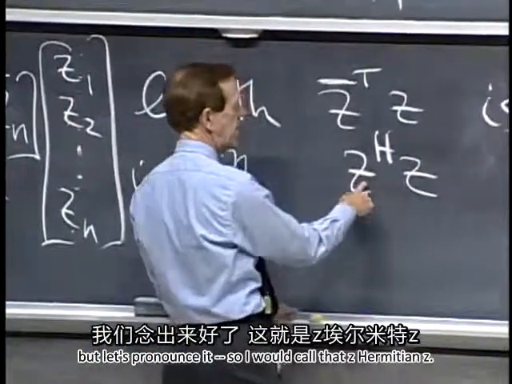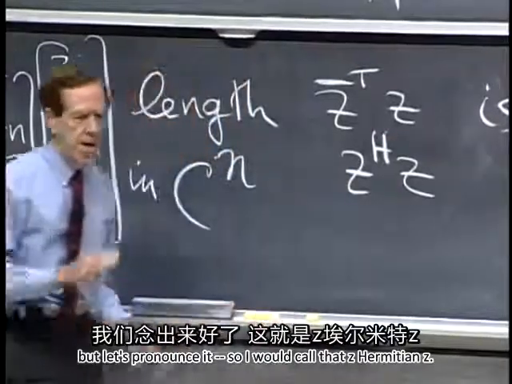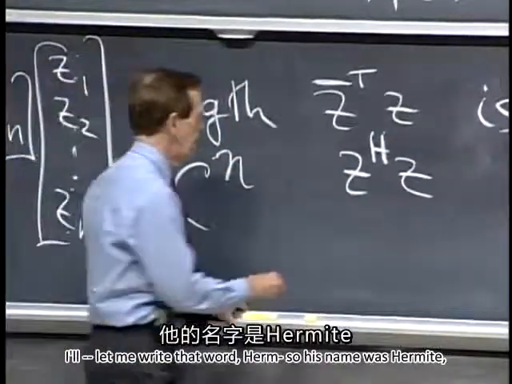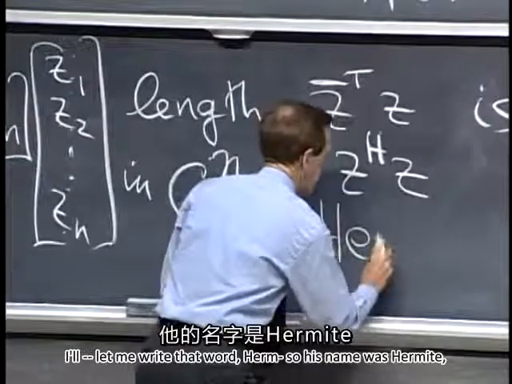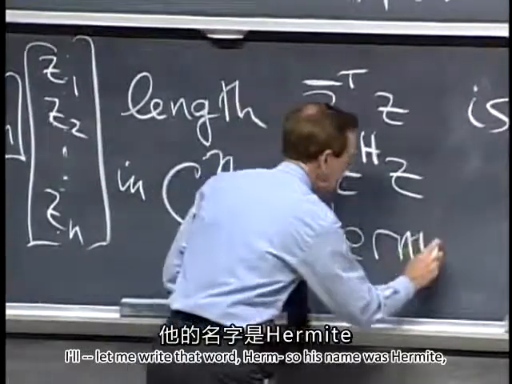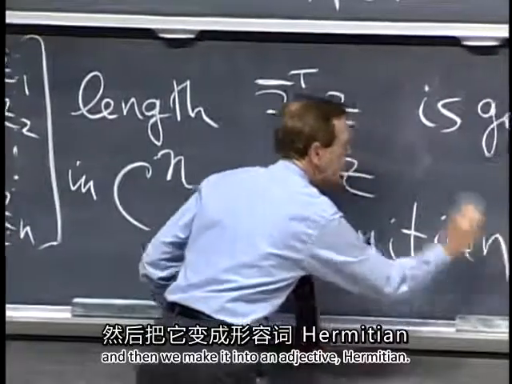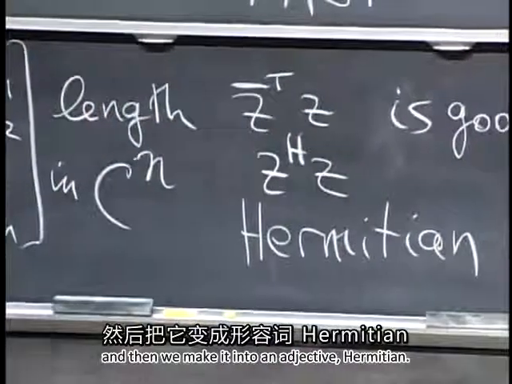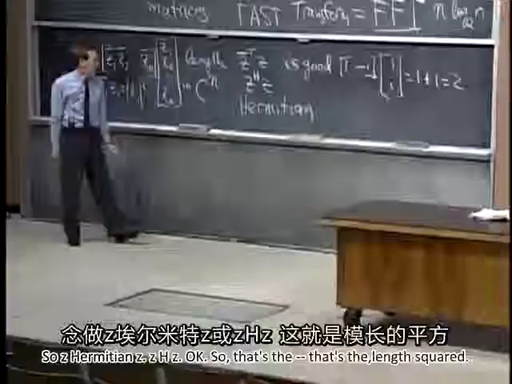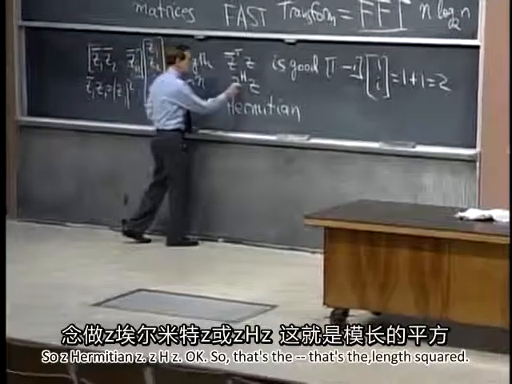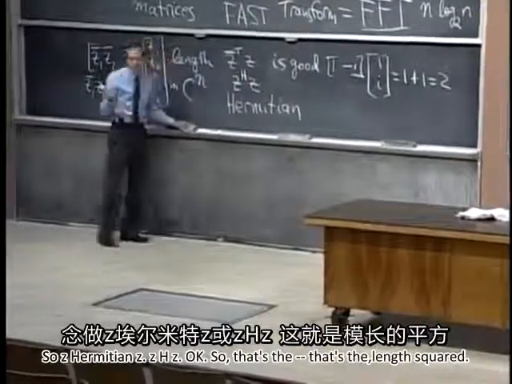So I would call that Z Hermitian Z. Now, let me write that word. His name was Hermite, and then we make it into an adjective, Hermitian. So Z Hermitian Z, ZHZ.